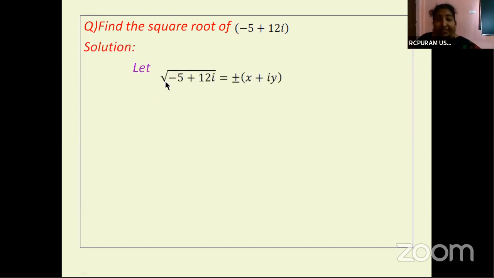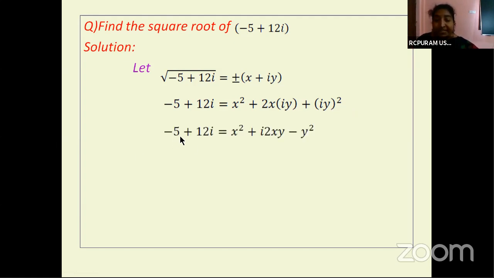We will just consider, let root of minus 5 plus 12i is equal to plus or minus x plus iy. We will take squaring on both sides, children. Then you will have it as minus 5 plus 12i is equal to x square plus 2xiy plus iy whole square.